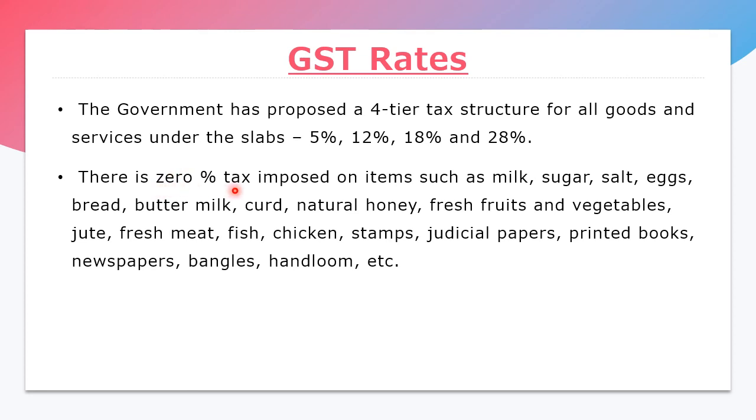There is a 0% tax imposed on items such as... देखो किसके ऊपर टैक्स नहीं लगता है, कौन से प्रोडक्ट्स के ऊपर टैक्स नहीं लगता है. फॉर एग्जाम्पल milk, sugar, salt, eggs, bread, buttermilk, curd, natural honey, fresh fruits and vegetables, jute, fresh meat, fish, chicken, stamps, judicial papers, then printed books, newspapers, bangles, handloom, etc. There are many more such things जिसके ऊपर टैक्स नहीं लगता है.